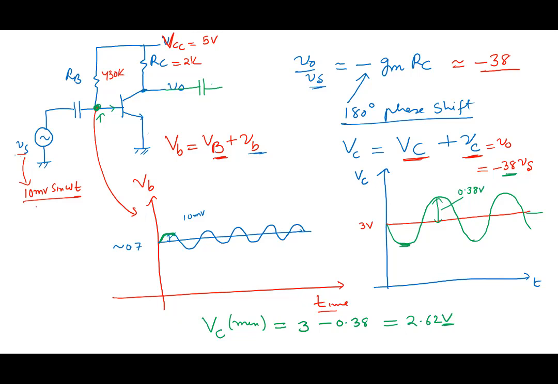Basically, the collector current depends on the base current, this thing here. So if this voltage increases, then it will cause current here, IC, to increase, because the voltage here is increasing, so the collector current here increases. If the collector current increases, then what happens to this voltage here?